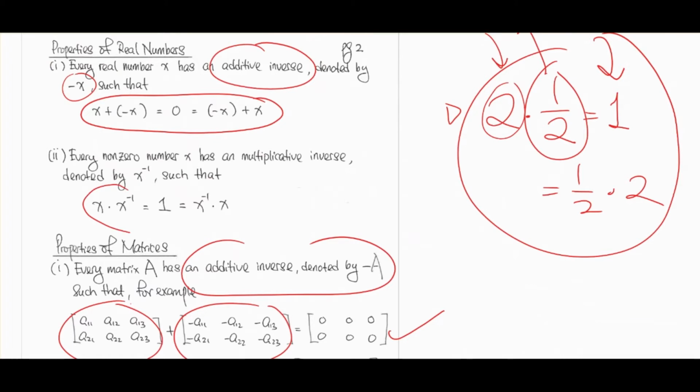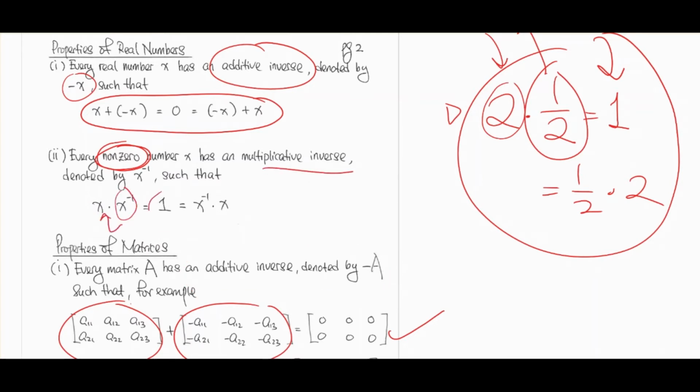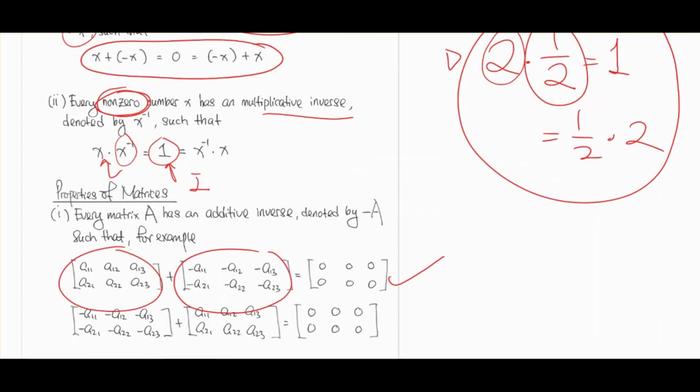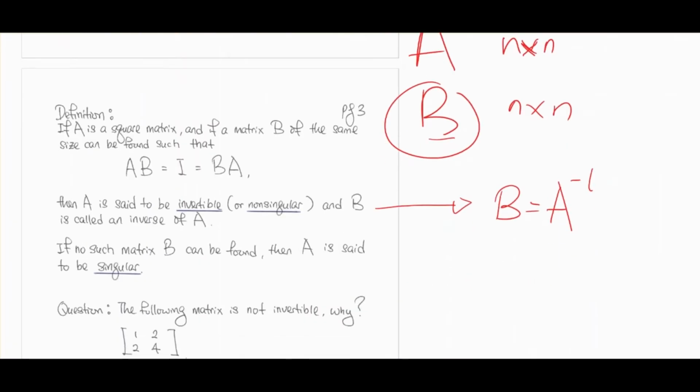So for numbers, if you have a non-zero number, you will be able to find the multiplicative inverse. So that is something that you multiply to it will equal 1. Right, so for matrices, the 1 will be our identity matrix. So that's the reason why for the definition, you are looking for a matrix B so that this product will give you the identity matrix, just like the number 1 in the number system.